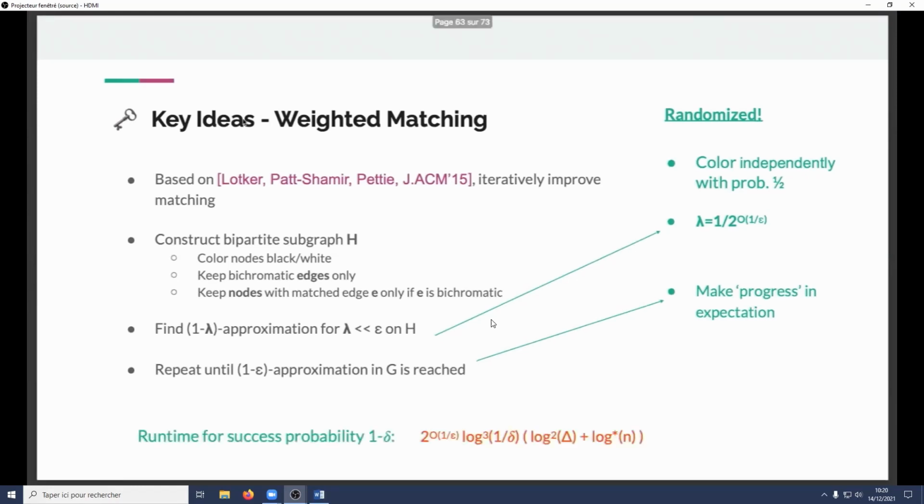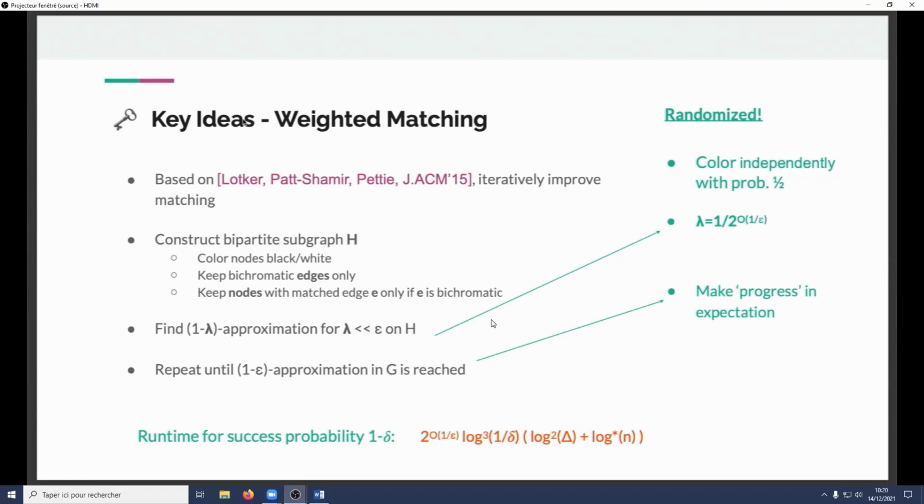And so we can show that for success probability 1 minus delta, we have a runtime basically exponential in 1/epsilon times log^3 of 1 over the success probability times some log delta plus log star n factor.